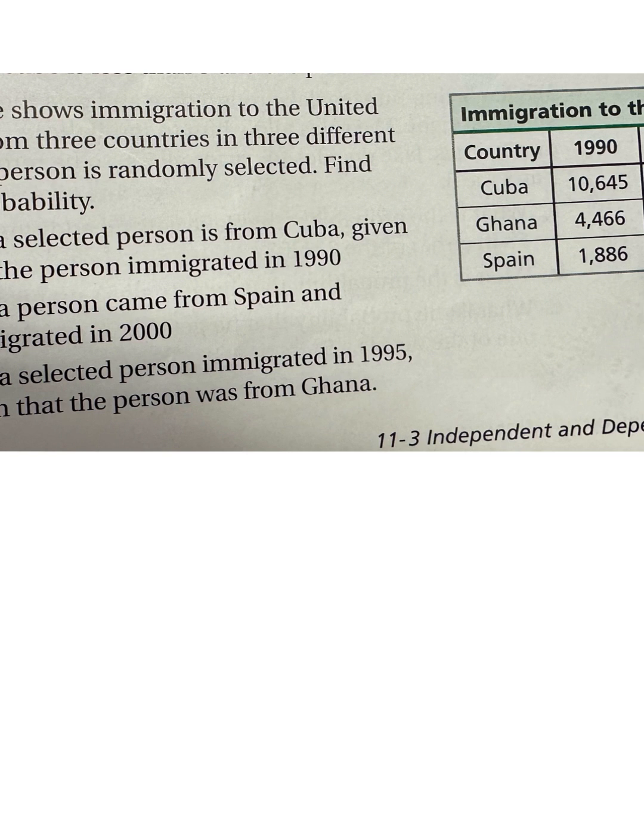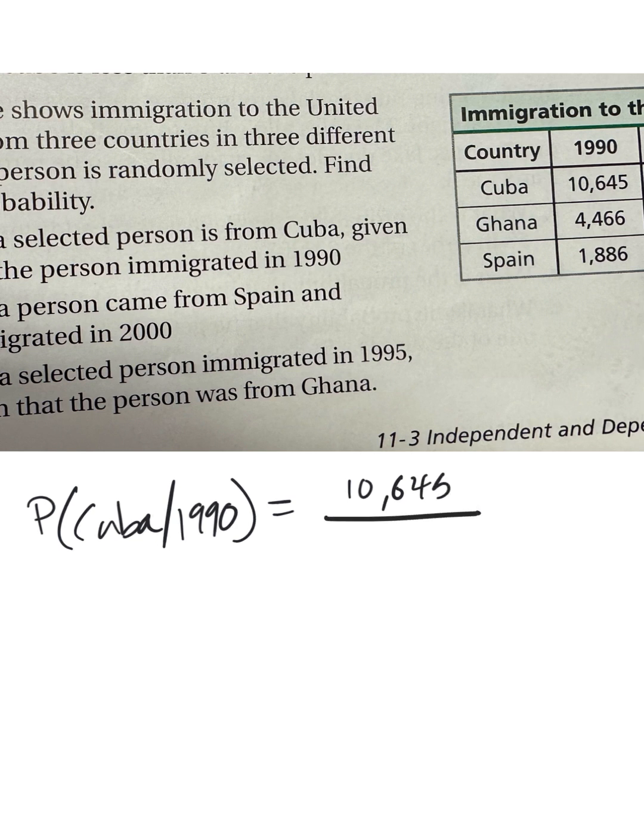So probability A that a selected person is from Cuba, given that the person immigrated in 1990. So we'd have 10,645. Probability that Cuba, given that we're talking about 1990, that's 10,645 out of, remember, with probability you always want to have your total successes on top, which in this case is 10,645, and on the bottom you have your total successes and failures.